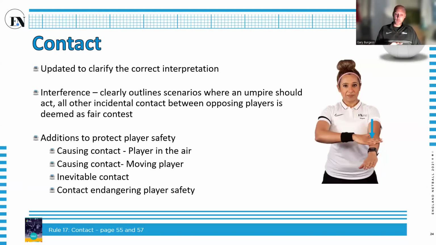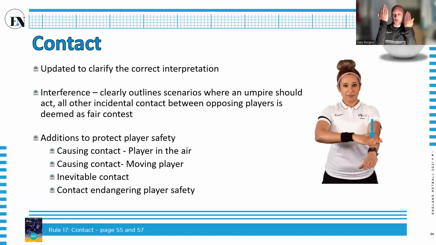Okay, now, as mentioned, there are a few additional updates to the contact rule, which we talk about in more depth, both in game management next, but also in the game management and contact bolt-on session that you can have a look at in the chat. But these result in changes to causing contact of a player in the air, causing contact of a moving player. So if you put the brakes on deliberately and they bump into you, that's actually on you, not the player that bumped into you.